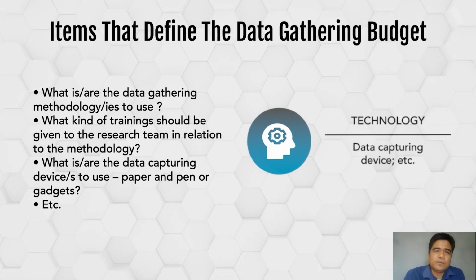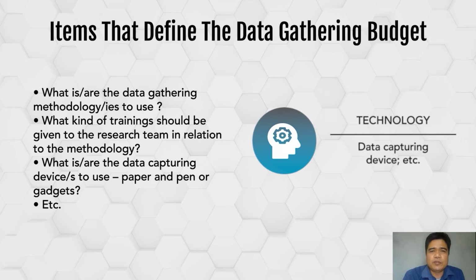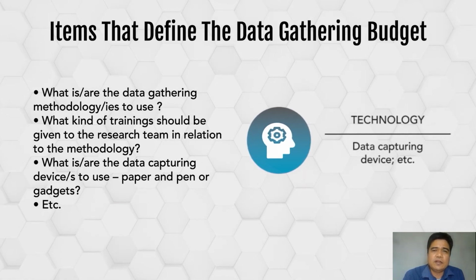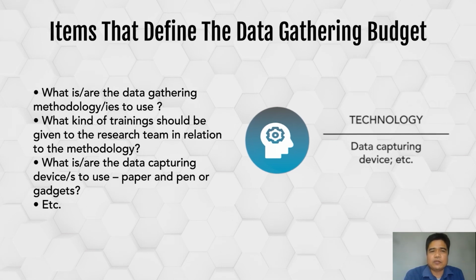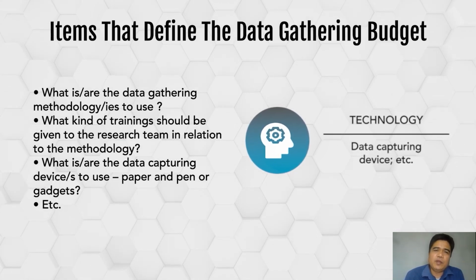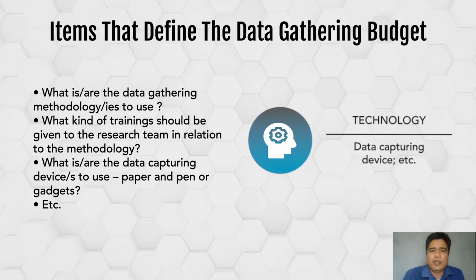For example, in data gathering that involves a sample size or a sample of population, the cost may be cheaper compared with the enumeration of the whole population in a particular area.